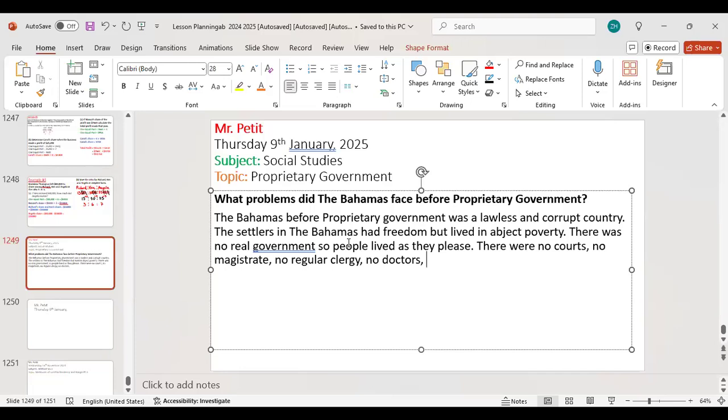And then you just have some persons who would come here and settle, right? But you didn't have any real strong government, like a broad government for the entire country. So there were no courts, no magistrate, no regular clergy, no doctors, no teachers.